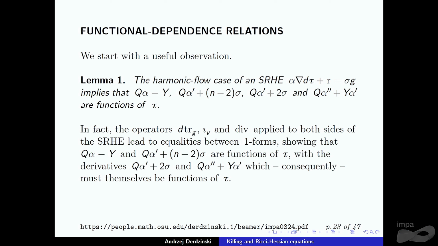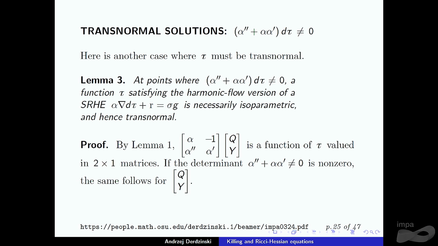If you look at the other 2 equations, the first one and the fourth one, and equate both to functions of tau, you get a system of linear equations, and this expression, alpha double prime plus alpha prime, is the determinant of that system. So if the determinant is non-zero, your q and y become functions of tau again. Therefore, in this situation, you get transnormality.